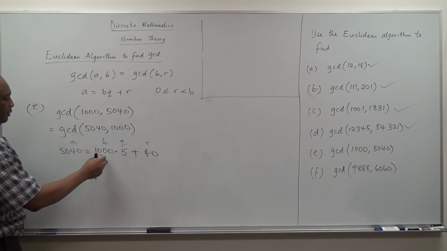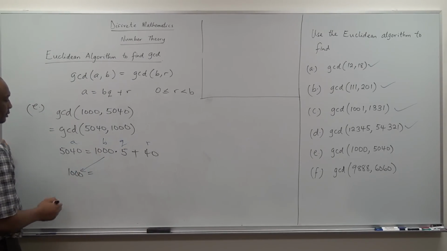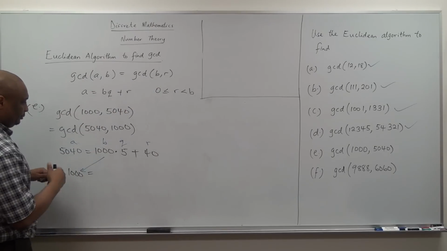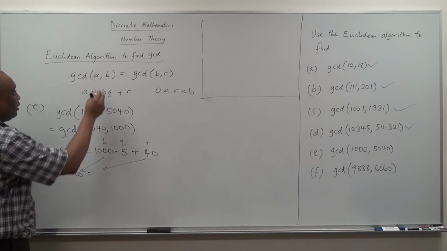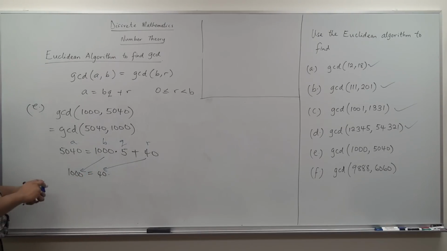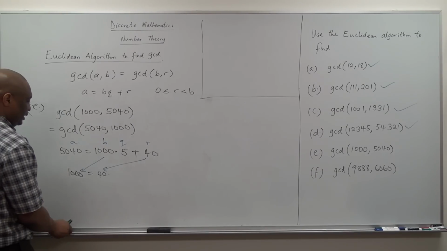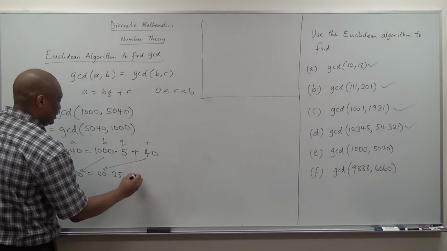The next thing is that B becomes A now, and R comes over as B. So this is 40 times what? You now do 1,000 divided by 40, which gives you 25. So 1,000 is 40 times 25, plus 0.